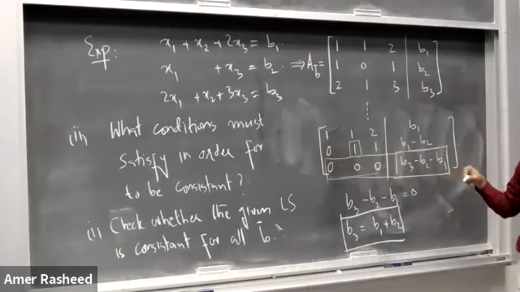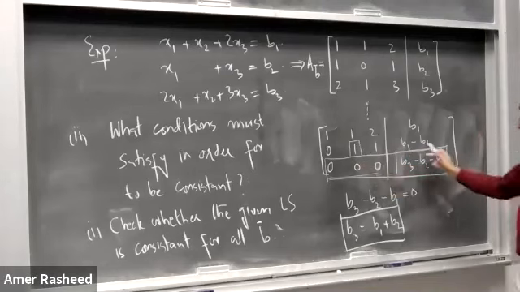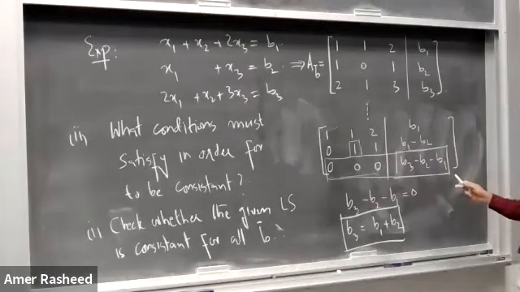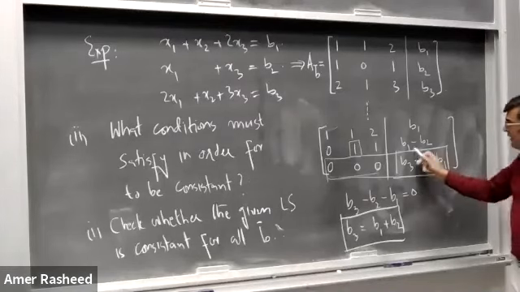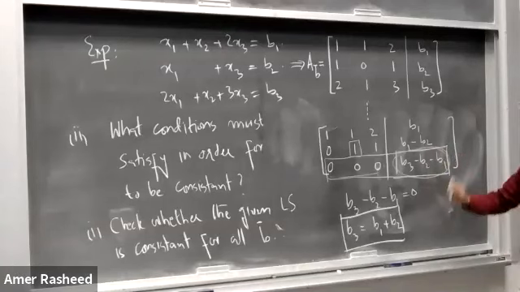In the start of linear systems, I told you this situation arises when the system is not consistent. This is consistent only if this thing must be equal to 0. Otherwise, the given linear system is inconsistent.